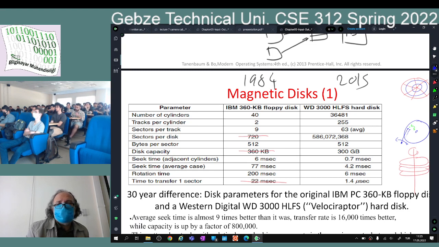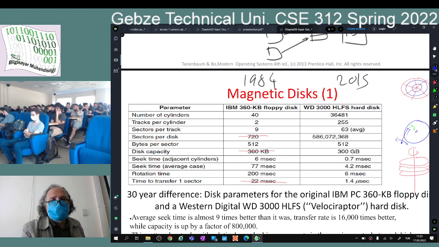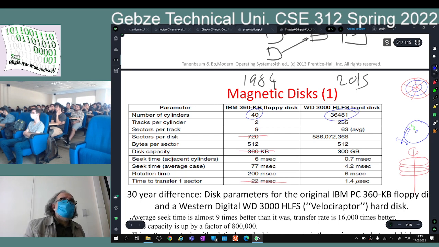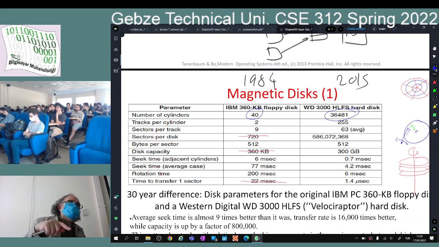So lots of developments in here, but if you think about it, most of the developments come from the number of cylinders. So we are using the same magnetic surface. Its physical structure, chemical structure is a lot improved.